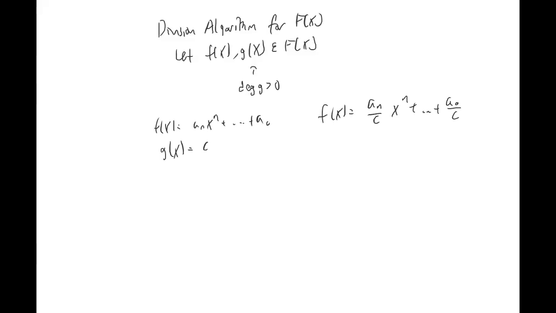And of course, since E was a field, you can divide; everything has an inverse, as long as g is not 0. So this is the trivial case, and we assume degree of g is bigger than 0. Then what?